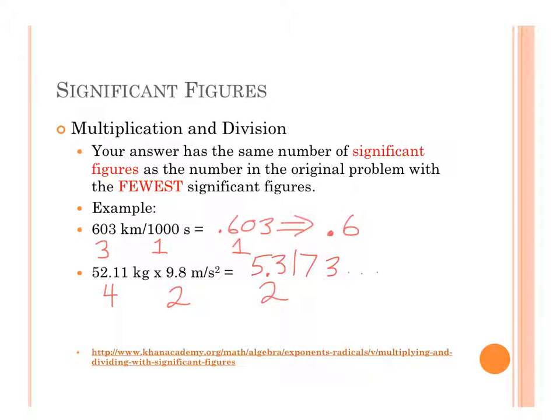So when I calculate this, I'm getting a pretty long decimal, and I'm just not even going to write it all. But based on the number of significant figures in the numbers in the original problem, I should round my answer so that it has only 2 significant figures, and that would be 5.3. 2 significant figures.